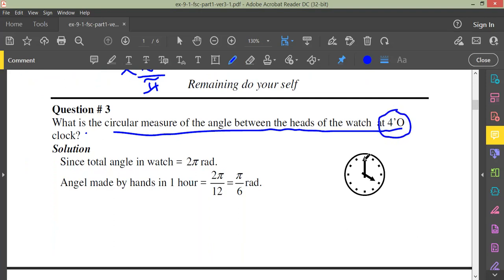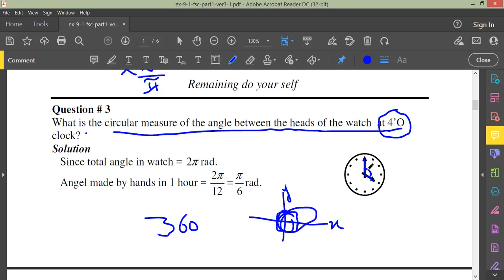So what is the angle between these two hands? The total angle of the watch, if we convert into x-axis and y-axis, is 90, 90, 90 and 90. Total angle will be equal to 360. Okay, total angle is 360.